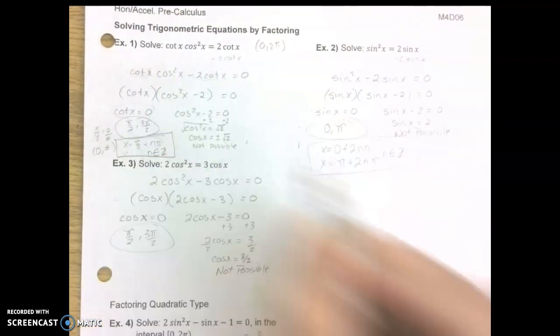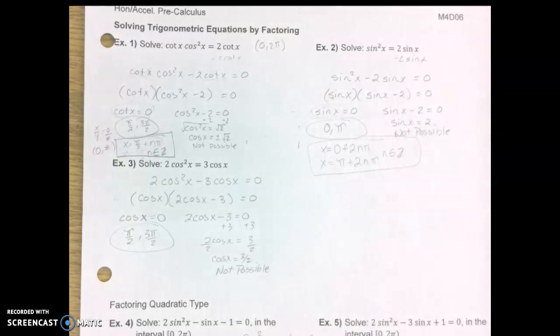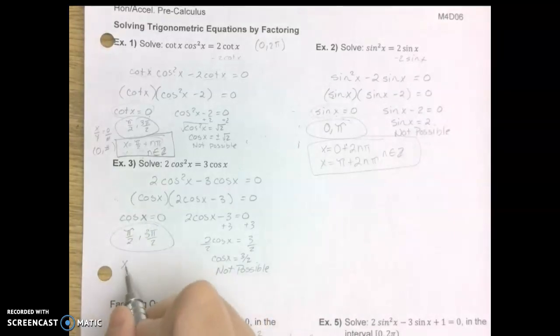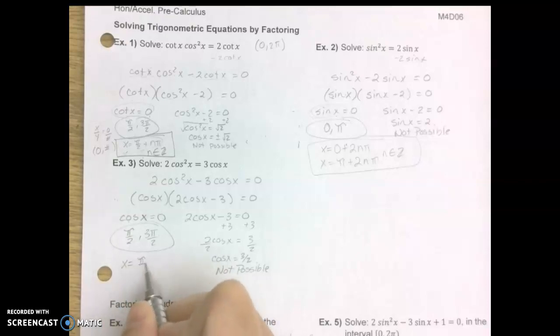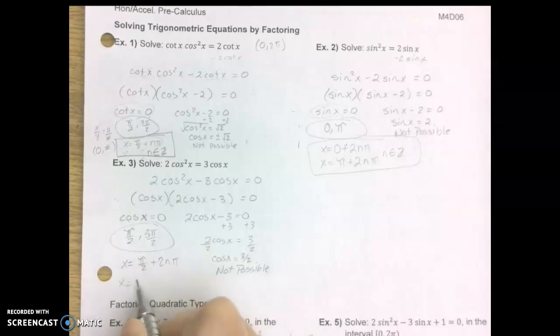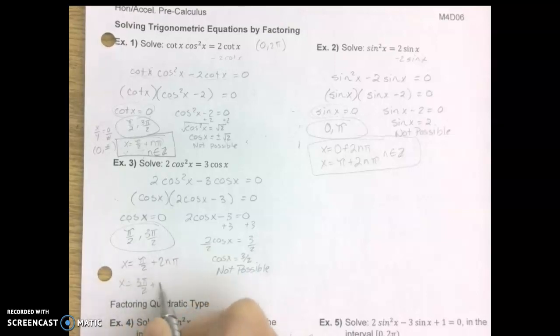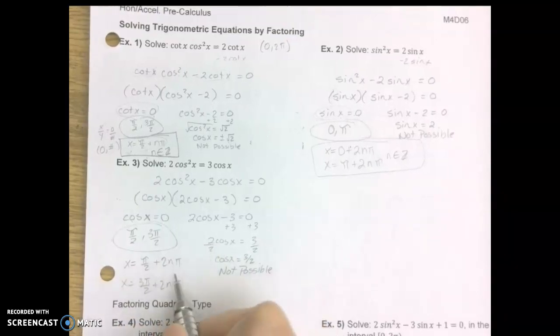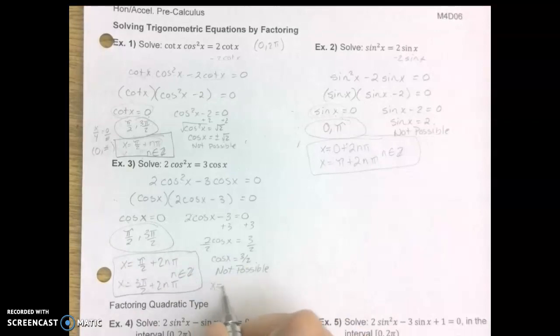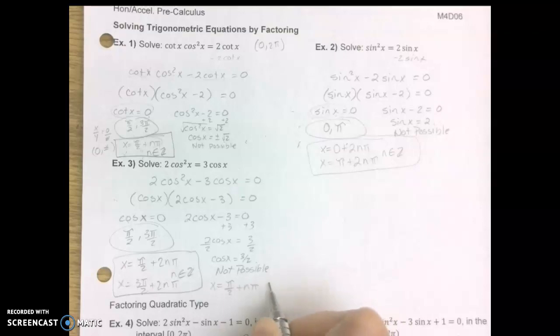So if I did have to write an equation, I could still do that. Cosine, again, the natural period is 2 pi. So I would have x equals pi over 2 plus 2n pi, and x equals 3 pi over 2 plus 2n pi, such that n is an element of the integers. And yes, I could actually combine those and say that x is equal to pi over 2 plus n pi, where n is an integer.